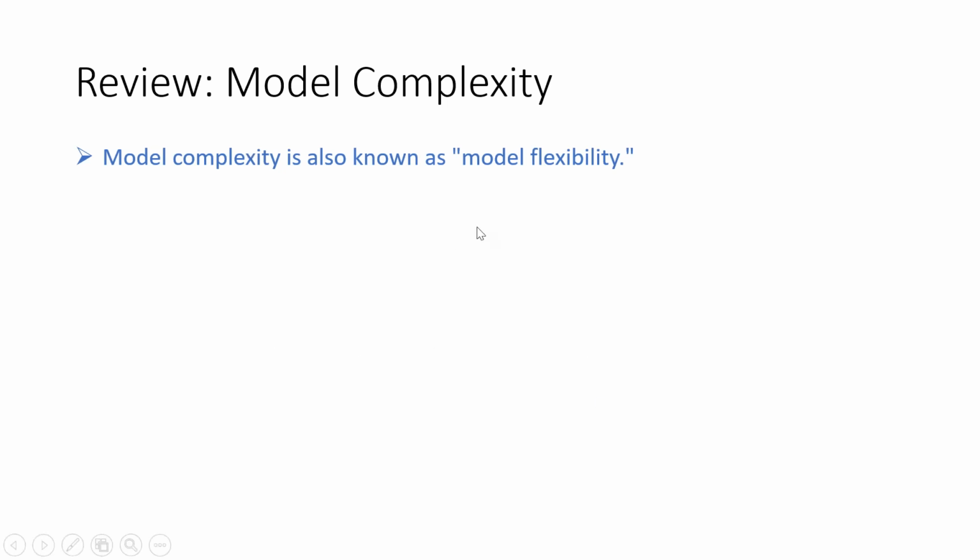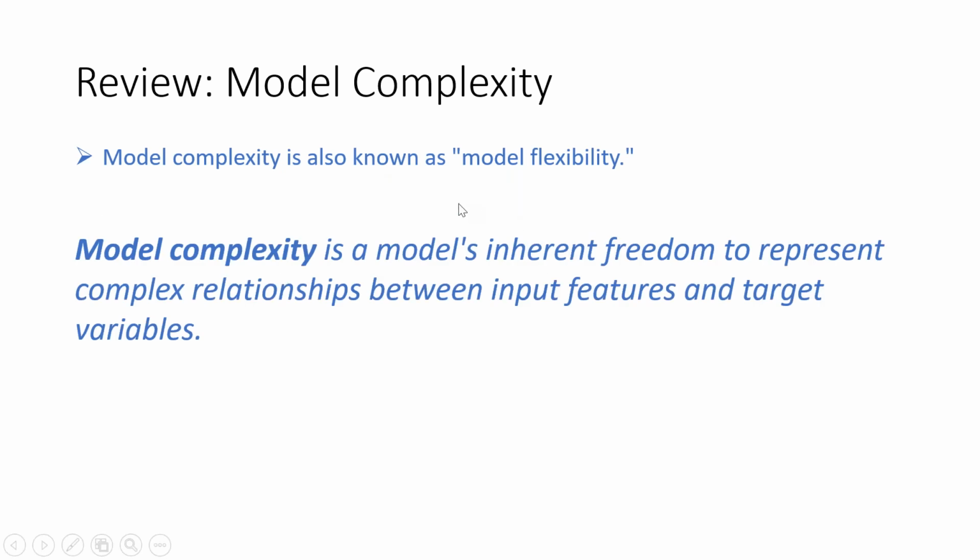So, a review of model complexity. What is the definition of model complexity? We talked about it already. Model complexity is also known as model flexibility. Model complexity is a model's inherent freedom to represent complex relationships between input features and the target variable. It has a lot of freedom by using complex mapping functions or complex tree structures. Then it will learn everything in the data, and also it learns noise in the data.